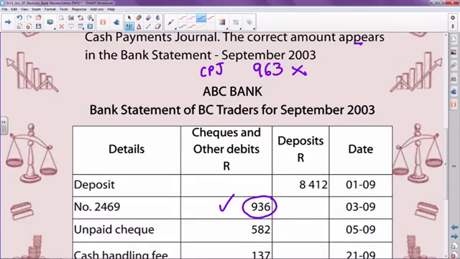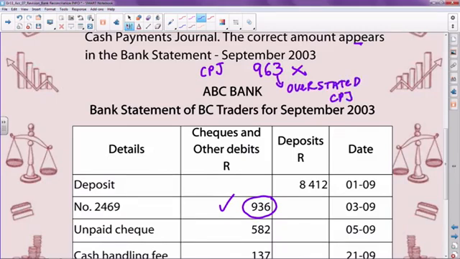Right, so if we compare the amounts, we've entered it as 963, but the correct amount on the check is 936. Immediately we notice that we have overstated the amount in our CPJ.